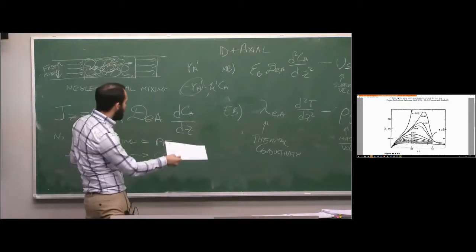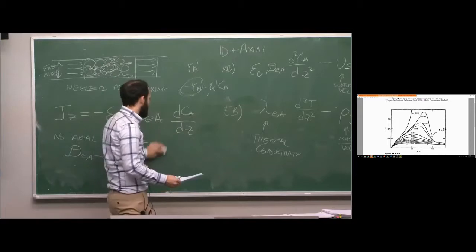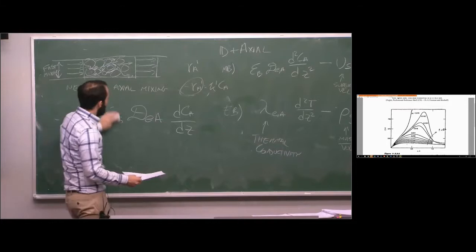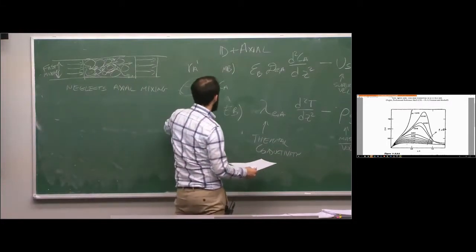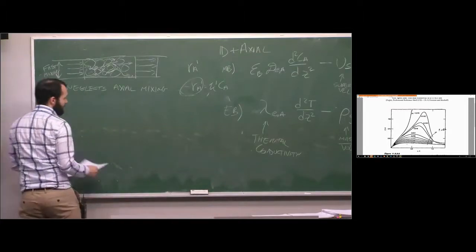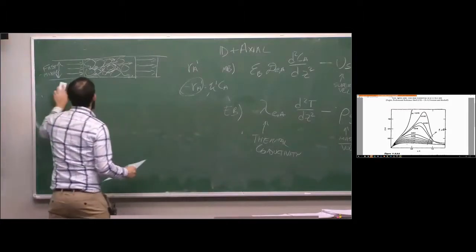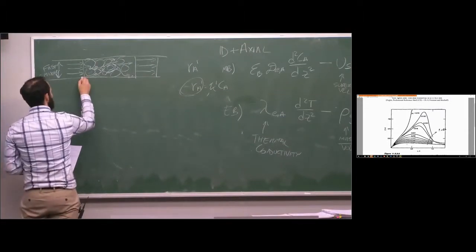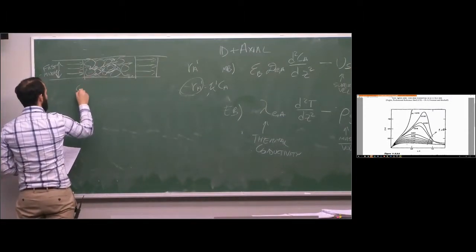Okay, so the solutions for these equations are non-trivial because the boundary conditions are rather difficult. We have two boundaries here. The problem is that there are very significant changes, right?